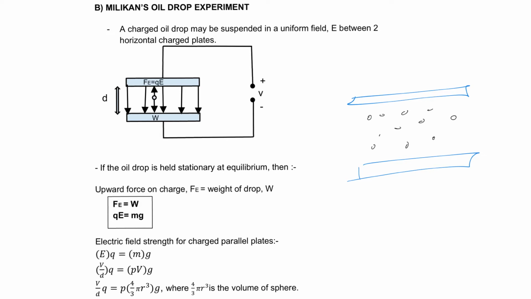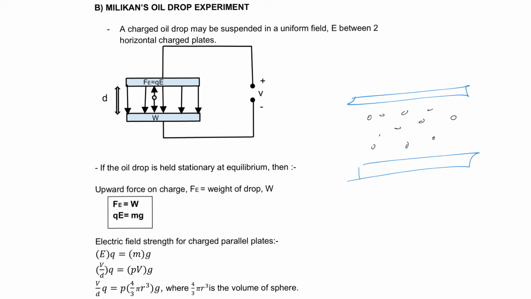Now, because these oil droplets are not the same size, they will have different weight. And not only do they have different weight, they are also charged, and they have different charge. So why are they charged? The easiest way to charge the oil droplet is just by spraying it out of the nozzle, because when the oil is traveling through the nozzle, it will have friction with the nozzle, and depending on the material you use for the nozzle, you can make the oil gain electrons or lose electrons to the nozzle.